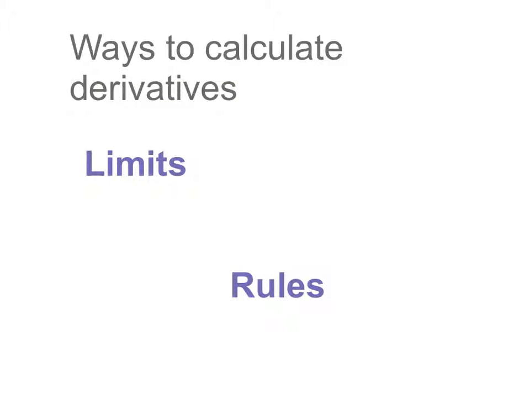We have different ways to calculate derivatives. We have the limits, and then we have some rules that can be useful and a little bit faster.